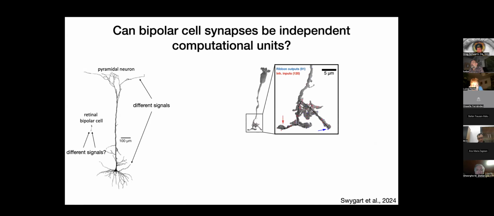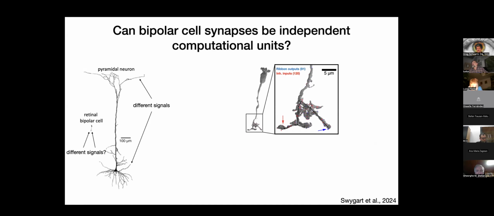Here's one of these blown up, reconstructed from Rachel Wong's lab with all the synapses identified. This tiny little structure has 91 ribbon outputs, which are the output synapses that release glutamate, and 120 inhibitory input synapses. So the potential complexity of this thing is enormous.